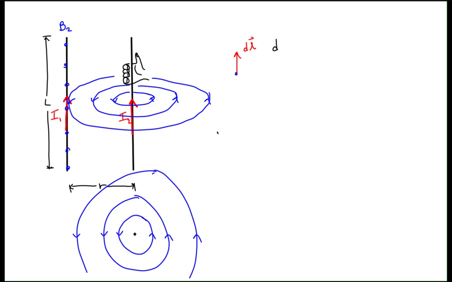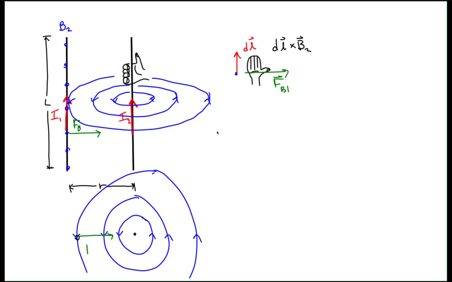If we were to use the right-hand rule to figure out the direction of the magnetic force, which is given as the direction of the cross product of the displacement differential and the magnetic field due to wire 2, we would see that when we place the fingers of our right hand in the direction of current and face our palm towards the direction of the magnetic field, our thumb ends up pointing to the right. So the magnetic force on wire 1 due to wire 2 is pointing straight to the right.